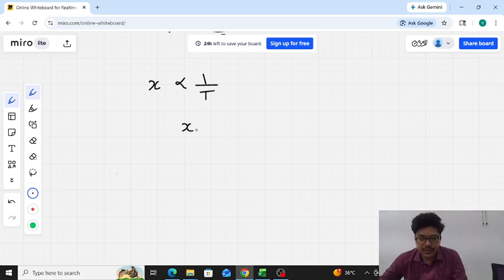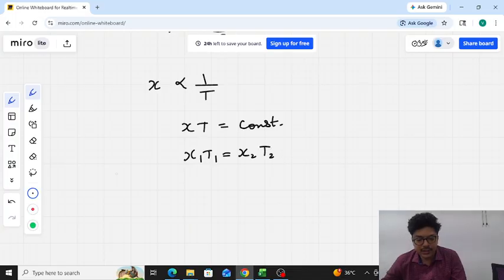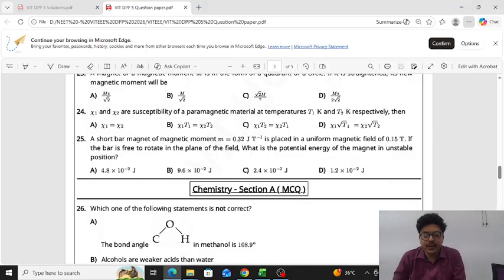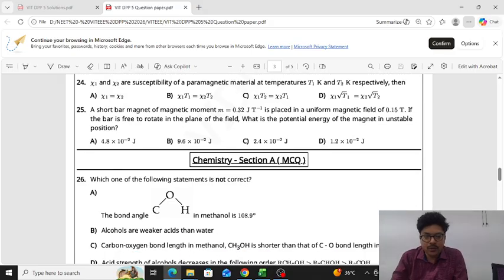That means X T is equal to constant. So X1 T1 is equal to X2 T2. This is the answer, option B.